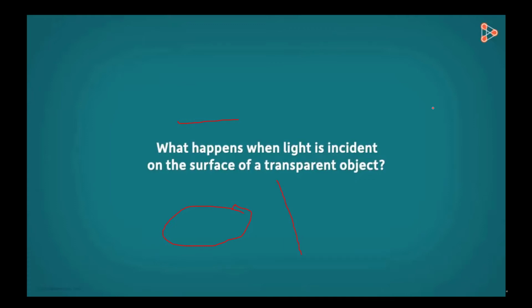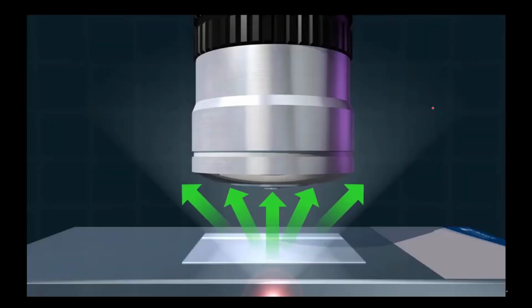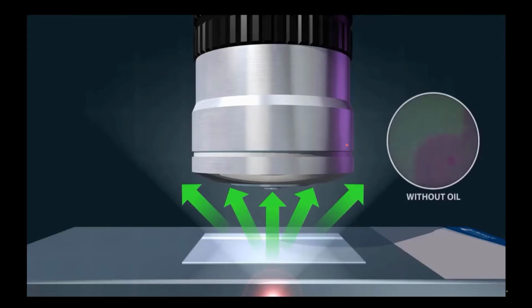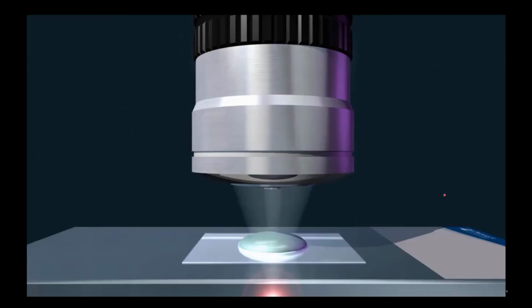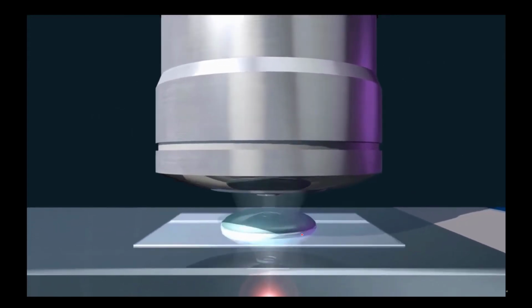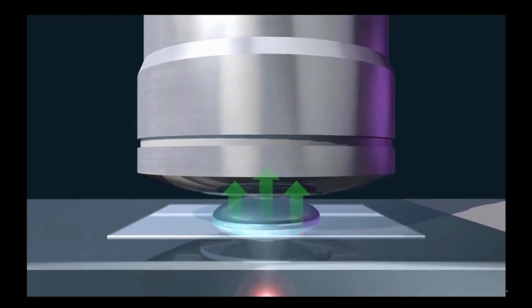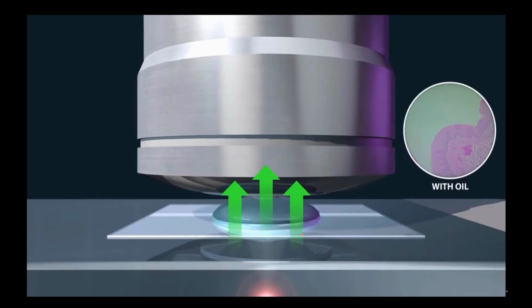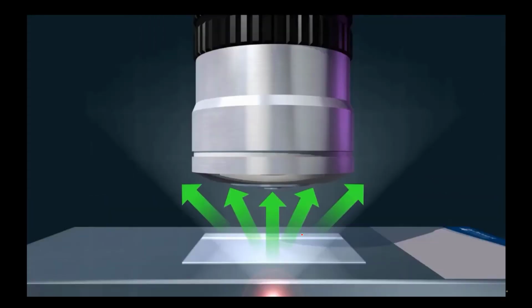And because of this, all the rays can be used for the creation of the image. Okay? Without oil, you see the blur image. When we add the oil, all the rays go directly into the objective lens. You see the good image, right? And this is what is exactly used for the oil immersion objective.